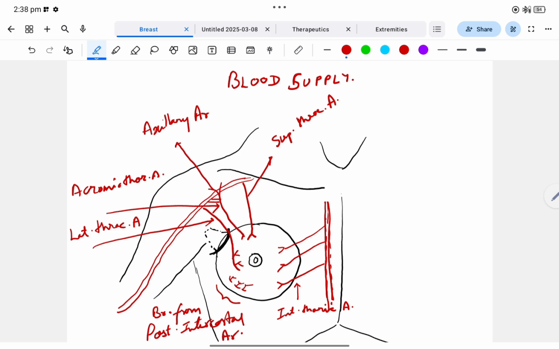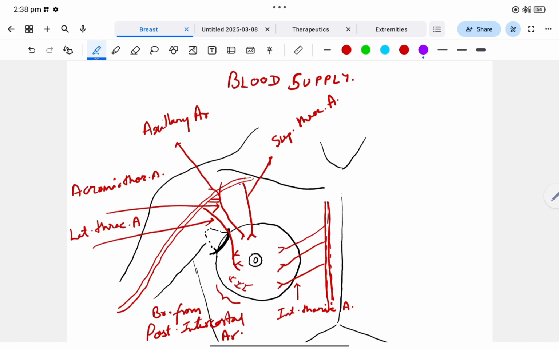So this is the arterial supply of the breast. There is a point that the anterior part is highly vascular, but the posterior surface of the breast remains avascular. Now we will see the venous supply.